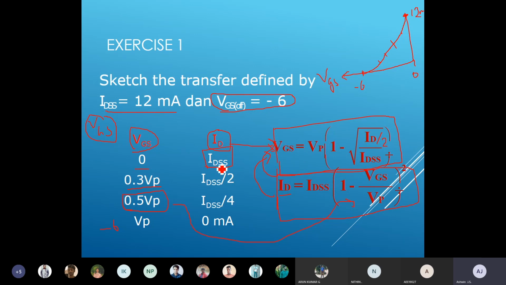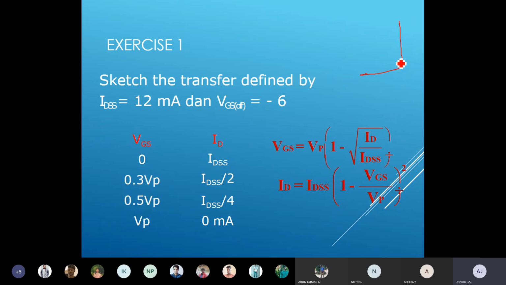Initially I kept IDSS, the maximum current, of 12 milliamps. So ID is the maximum value of 12 milliamps, and I'm going to calculate the VGS value using this equation.